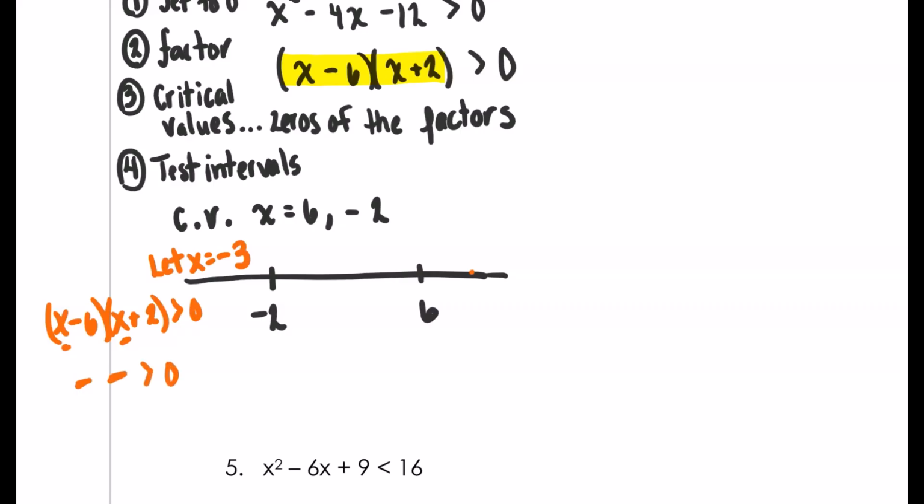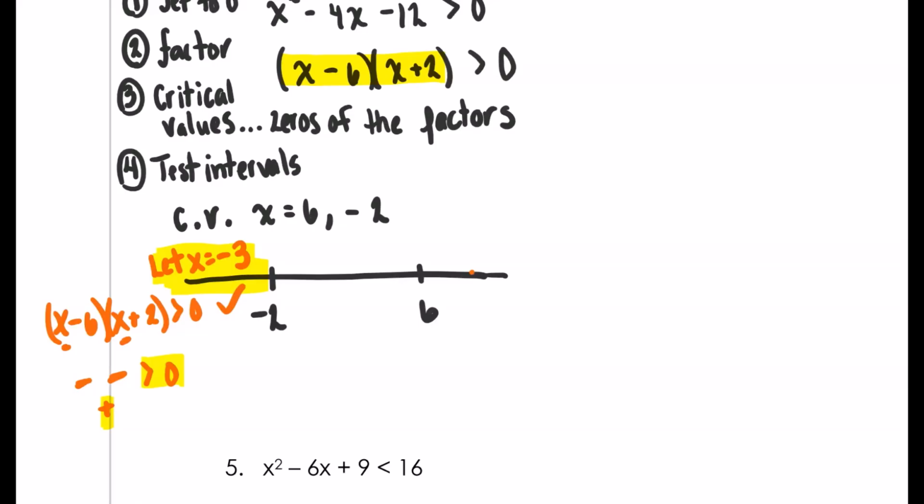Well, then the question becomes, is a negative times a negative greater than 0? And the answer is yes, because a negative number, regardless of what it is, times another negative number, the result is positive. And so that's going to be greater than 0. So what that means then is that any number in this region then is a solution. All right, so then I'm going to include that in my final answer.